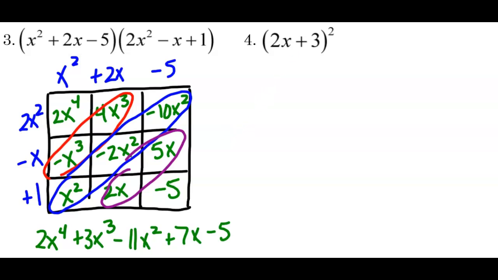Now our last example is an important one. It's one that students always make a mistake on. Please, if you get a polynomial squared or a polynomial cubed, write it out. What do I mean by that? Write it as 2x plus 3 times 2x plus 3. I know it's really tempting to just square each part of the binomial, 4x squared plus 9, call it a day, circle your answer, and move on.